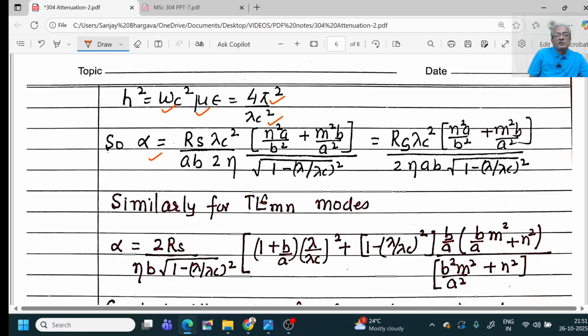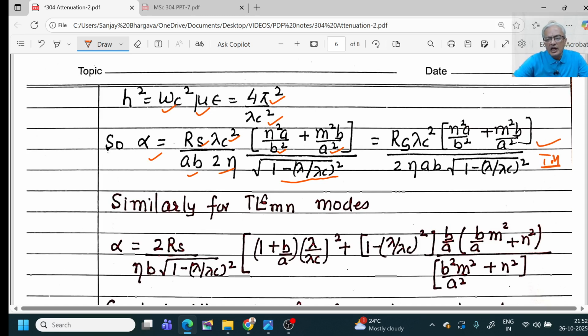So alpha can be written as rs का square lambda c का square ab upon 2 eta n square a upon b square m square b upon a square under root of 1 minus lambda by lambda c का whole square. Just simplify. rs lambda c का whole square 2 eta ab, and just adjust the terms. So we get the value of alpha for TM modes.